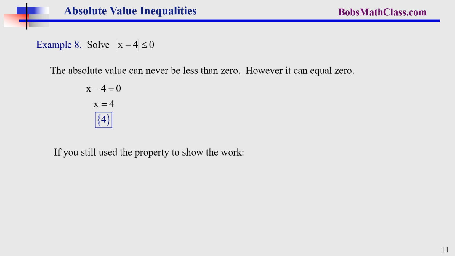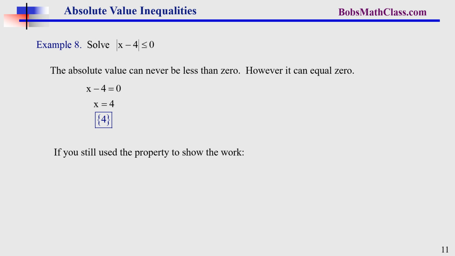Okay, let's use the property to show the work. Again, don't tell anyone. The first inequality, we write exactly the same. The second one, we drop the bars, and we make two changes.